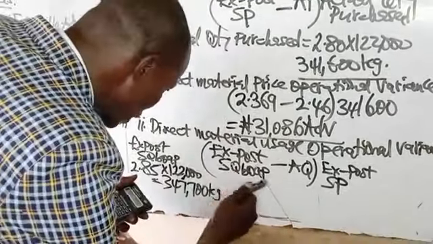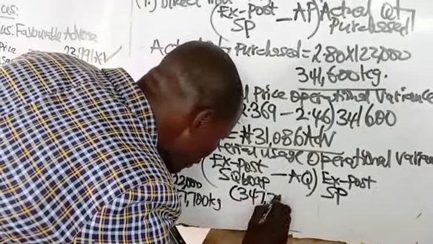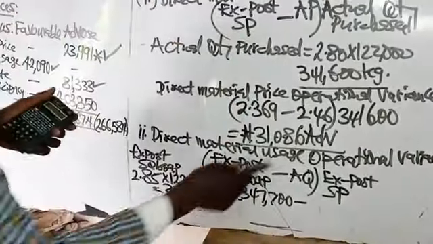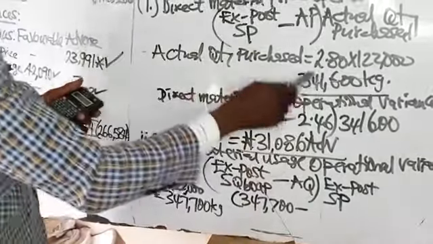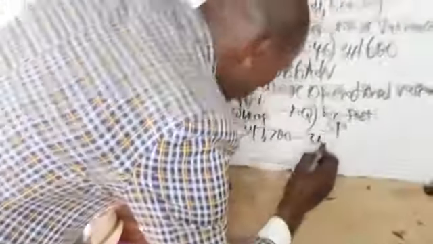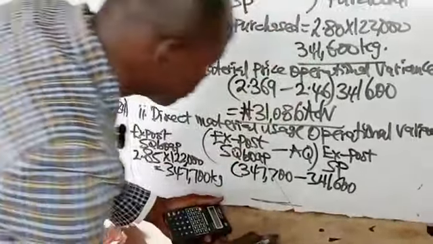Now let's substitute into the formula. Exposed standard quantity based on actual production, that is 347,700, minus the actual quantity used, 341,600.